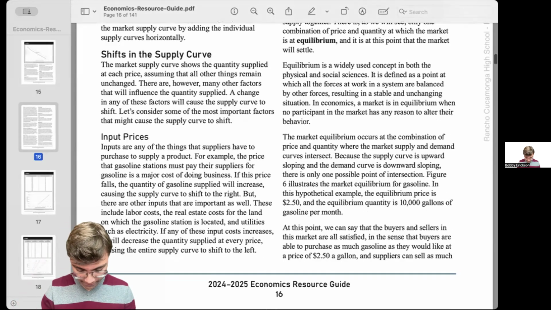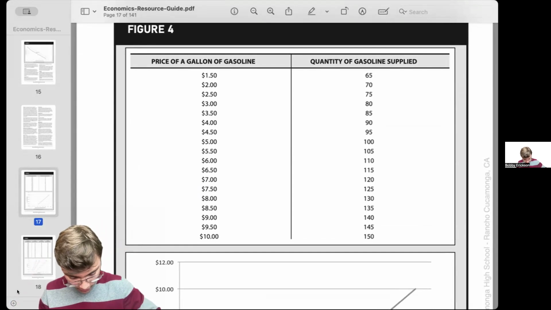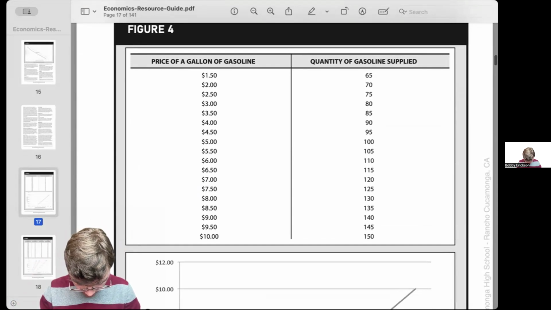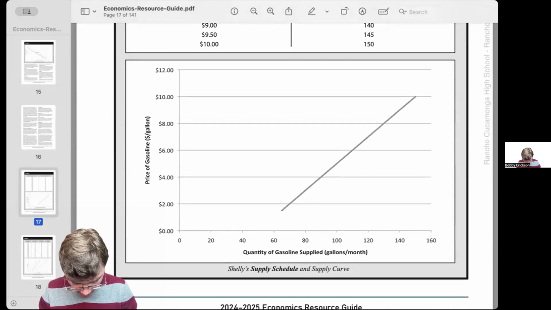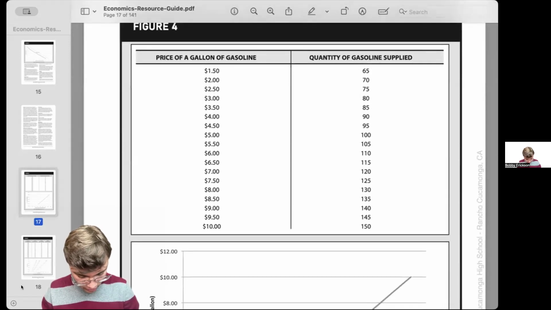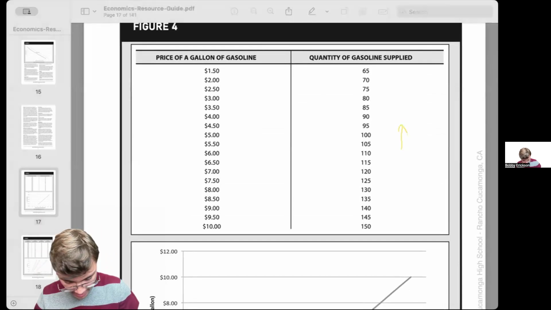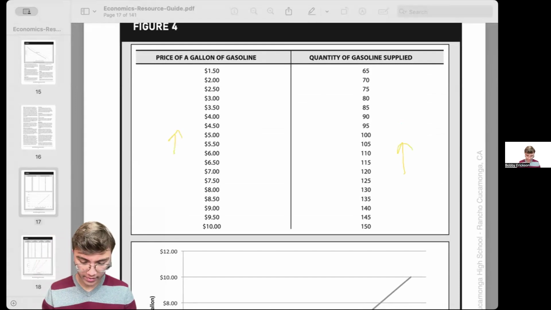So if we take a look at figure 4 here, we see the willingness of gasoline supply for Shelly. Shelly's supply schedule and supply curve show an increasing quantity of gas as the price increases, or apologies, as the price increases, the quantity supplied increases as well.